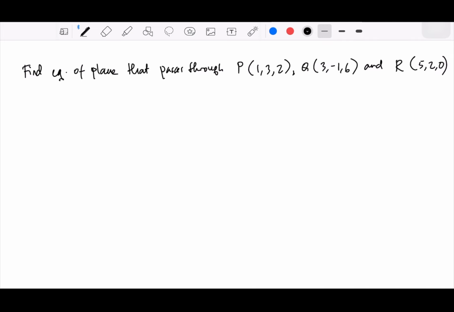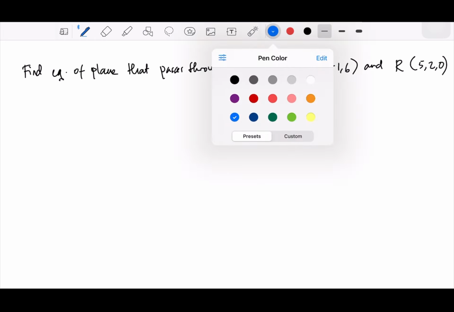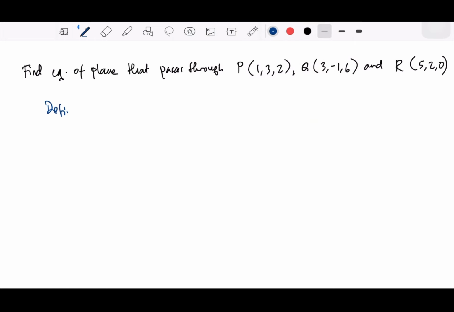So we can get the normal vector through the cross product. So first, define the vectors from these points, and from those vectors, we can define the normal vector that is orthogonal to the plane. Okay. So first, define the vectors.